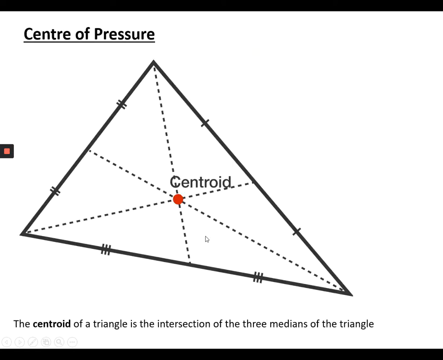Then to find the center of that triangle, they call it the centroid, and it isn't halfway up. So from one corner to the middle of a side, from another corner to the middle of a side, and then the same again, and where those three lines cross, that's called the centroid. Okay, and that's defined at the bottom of the page.